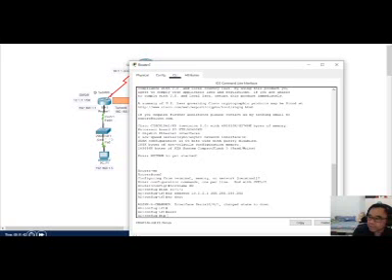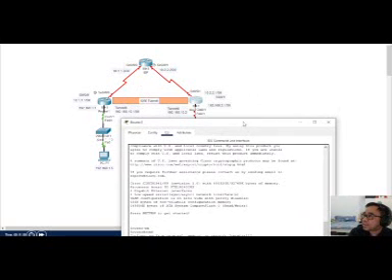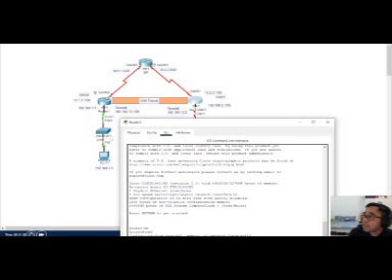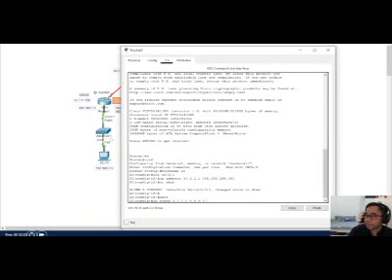Put the route. IP route 0.0.0.0 0.0.0.0. So the IP route is going here, 10.2.2.2. Okay, so that's the IP route.